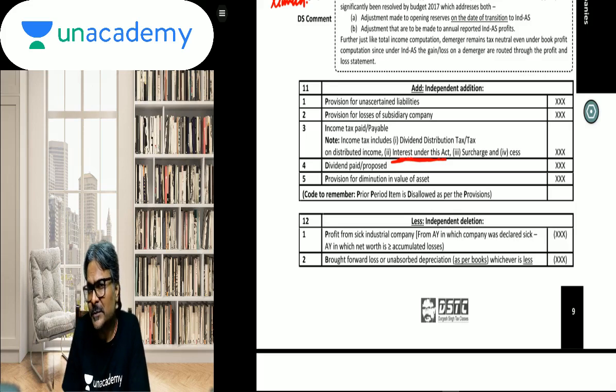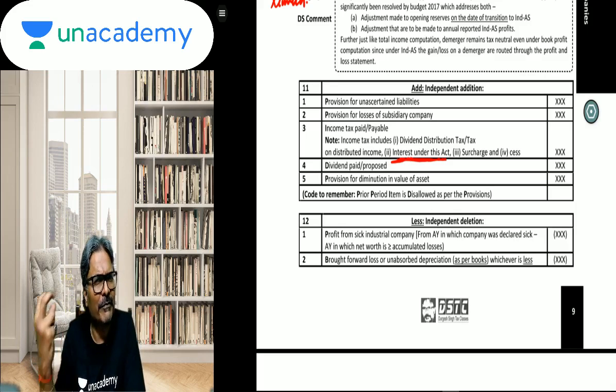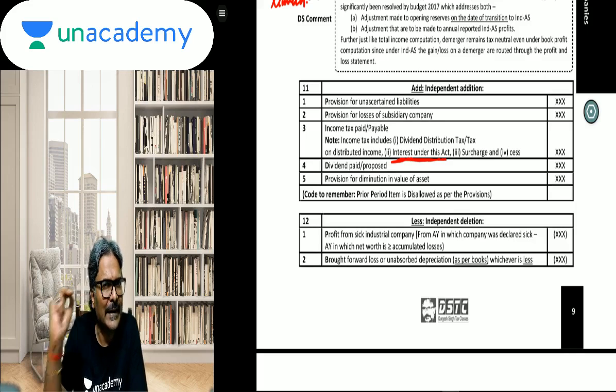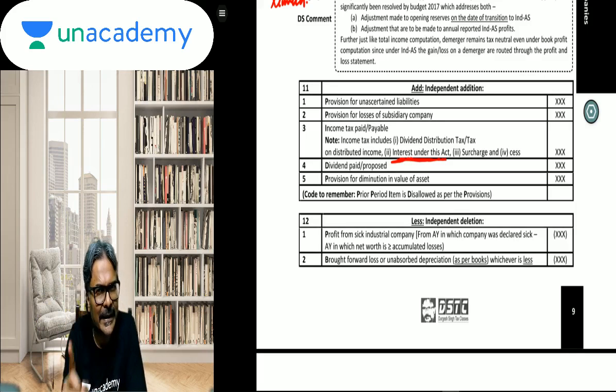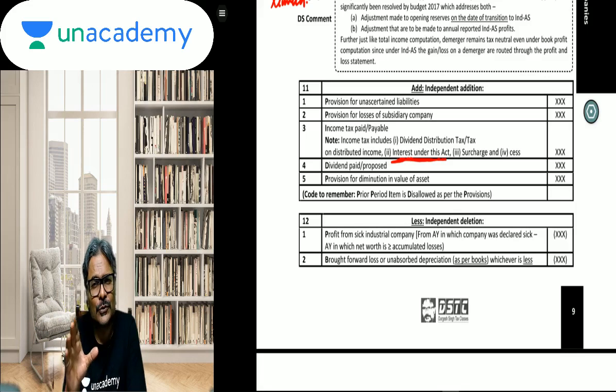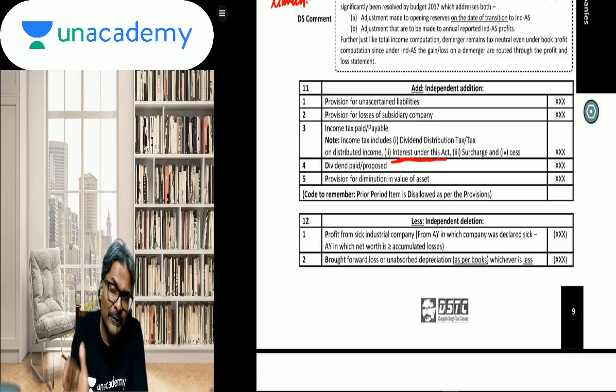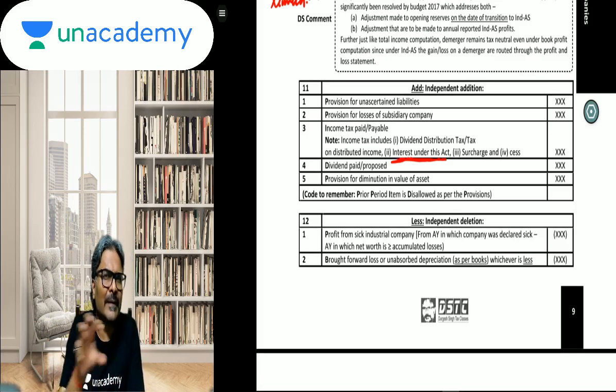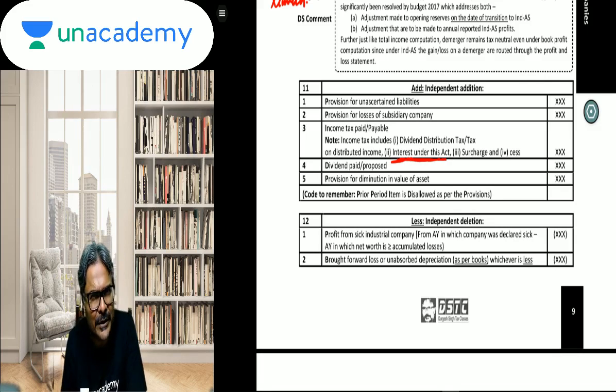All these adjustments that we are witnessing so far have that underlying message: look, you are taking extra incentives, plus you are also rewarding the shareholder, plus there is some attempt on your part to artificially reduce your net profit. These are the factors that we are considering so as to determine the book profit.